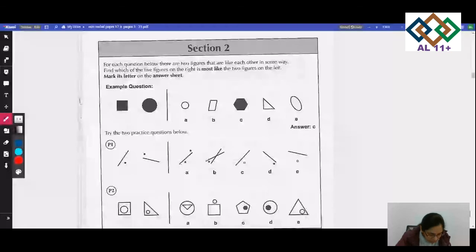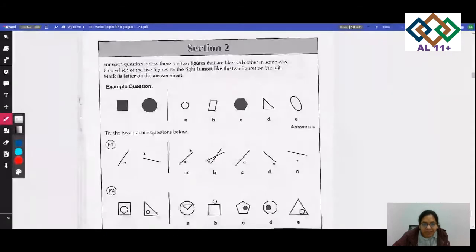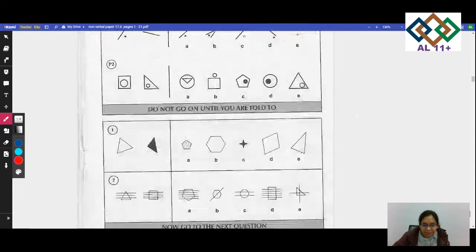Now we are doing section 2. In section 2, you just need to do odd one out. Find which of the five figures on the left is most like the two other shapes on the left.